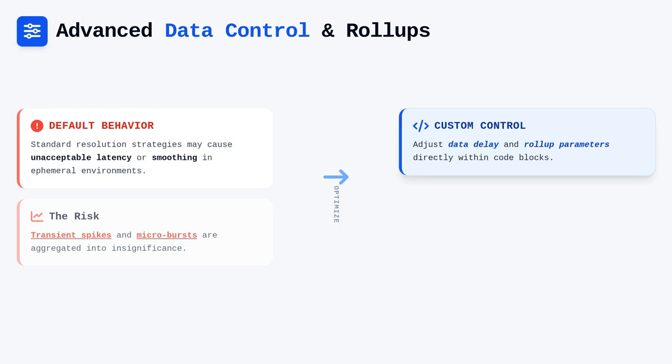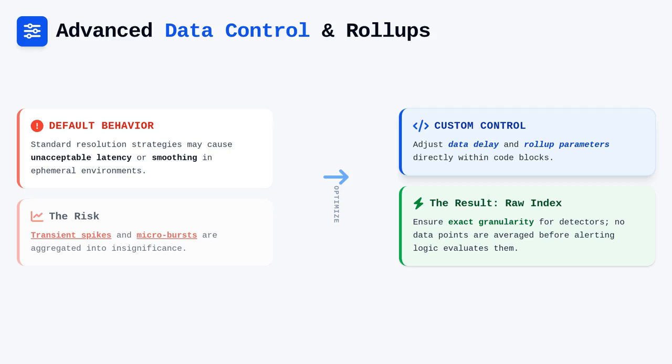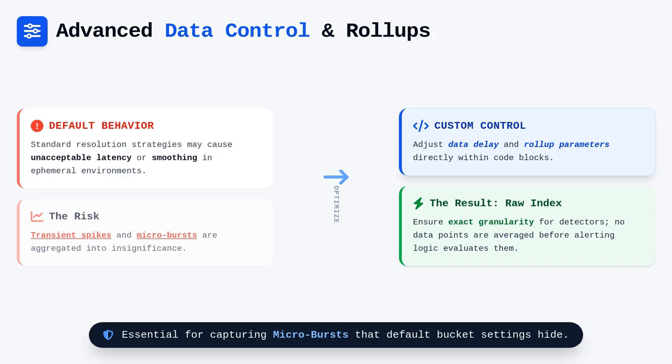For example, if you are monitoring a high-frequency event stream, forcing a raw rollup index ensures that no data points are aggregated or averaged into insignificance before your alerting logic gets a chance to evaluate them. This level of granular control is effectively the only way to catch microbursts that would be smoothed over by the default bucket settings.